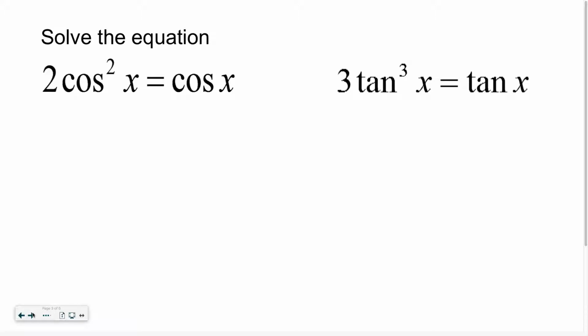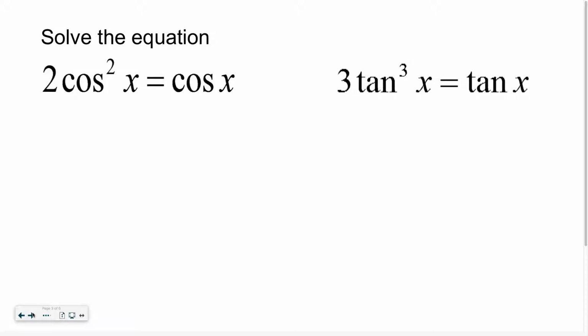Now, if I'm paying attention to the directions, it just says solve the equation. So I'm thinking about at the end of this, I'm going to want a complete solution. I'm going to be adding the period times n. All right, when I look at the first equation, 2 cosine squared x equals cosine x, I see that I have 2 different types of cosines, one that's squared and one that's not.